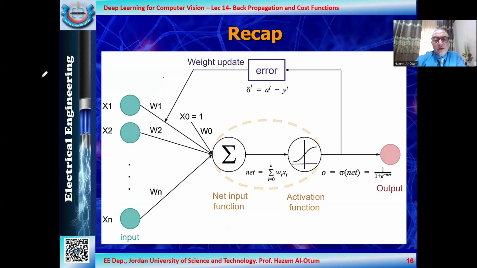Next, we apply the activation function that we have denoted as A. We find the output O, which was Y in the previous slide. Now, once we have the output Y hat, it will be fed back as an error, del L, the same notation, and will be used to update all weights.